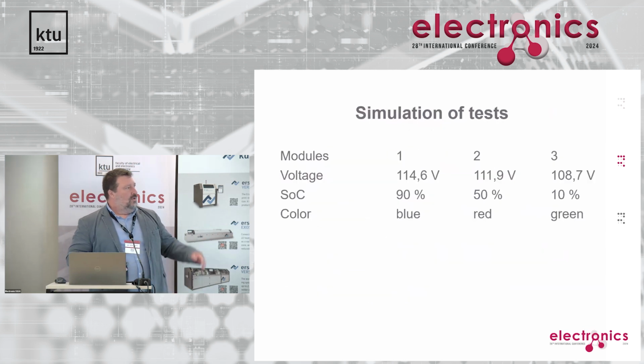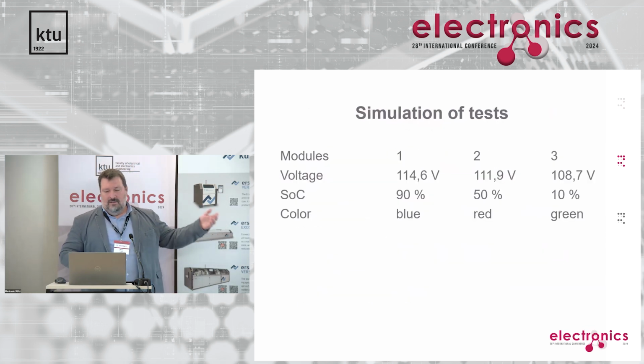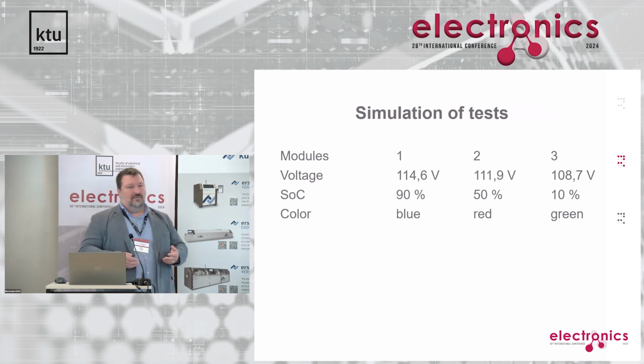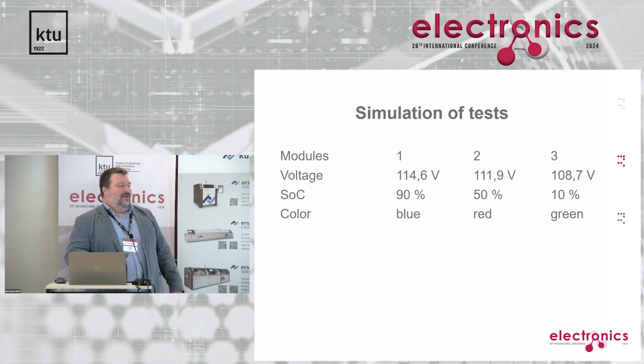So we did in Plexim simulation of tests. Those are not tests because those are not live and tangible things, but only simulations. And for that purpose, we had 3 modules, each with different state of charge.